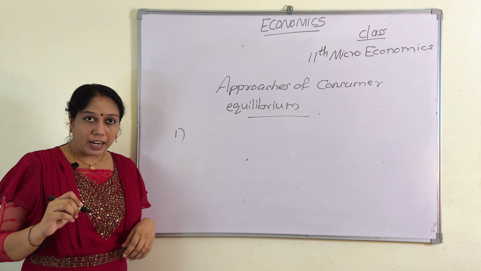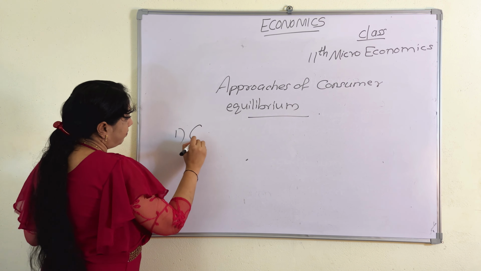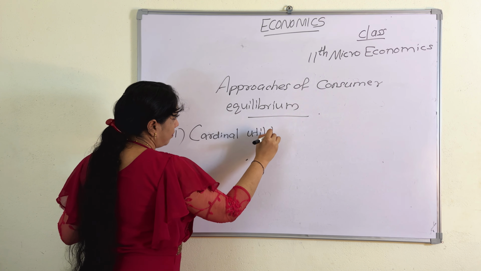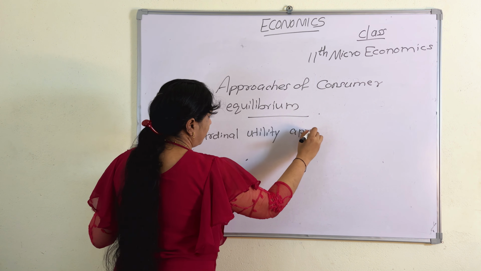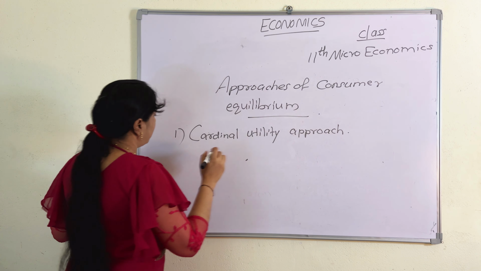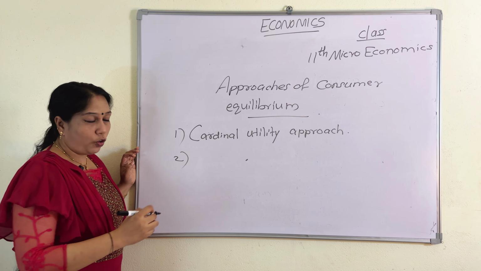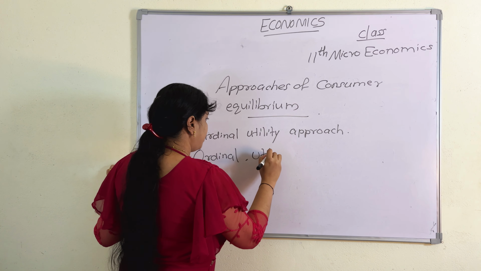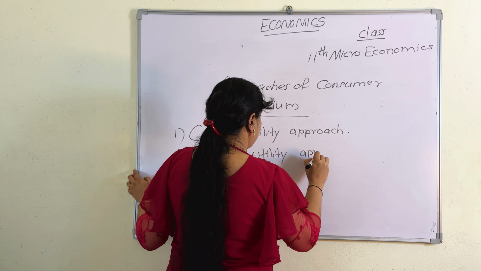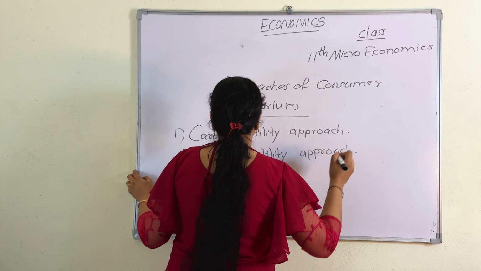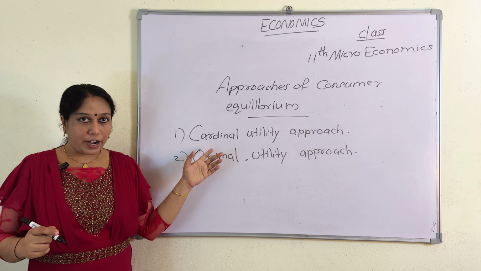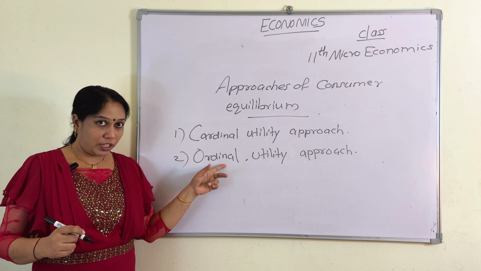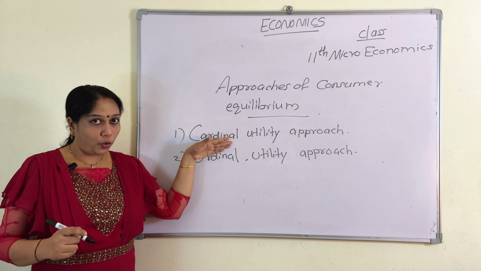First one is the cardinal utility approach. Next one is the ordinal utility approach. Now first we will study the cardinal utility approach.